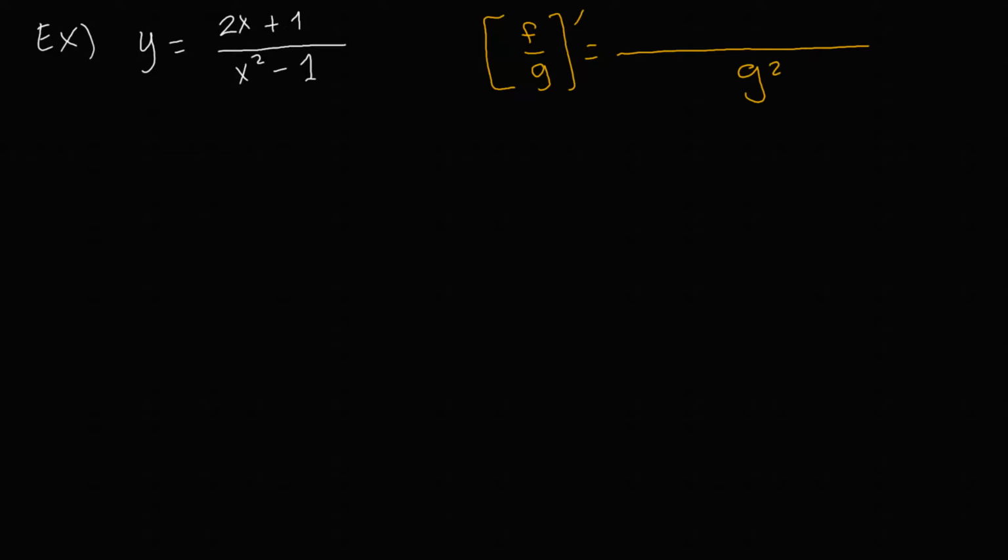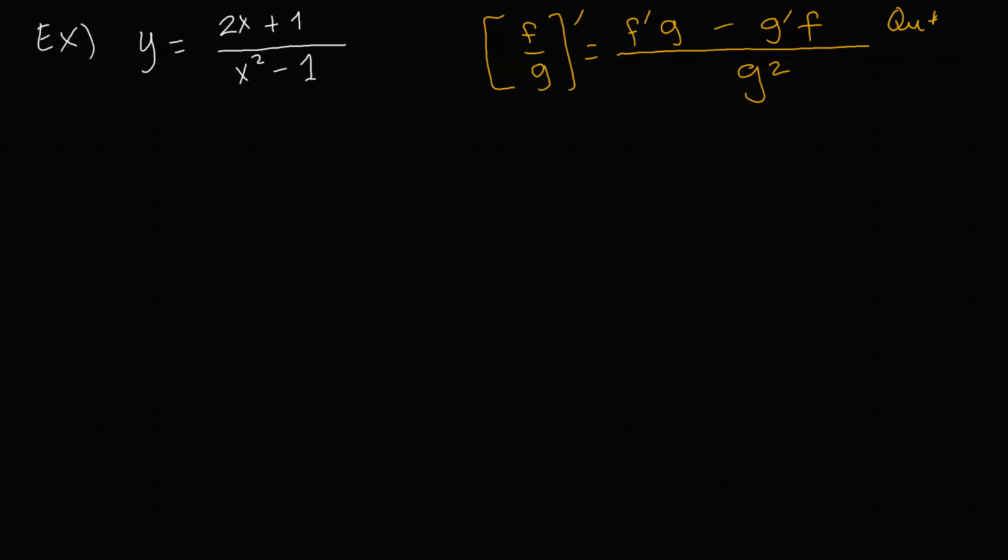That would be g squared on the denominator. The numerator would be derivative of the first times the second minus the derivative of the second times the first. Okay, that's the quotient rule.